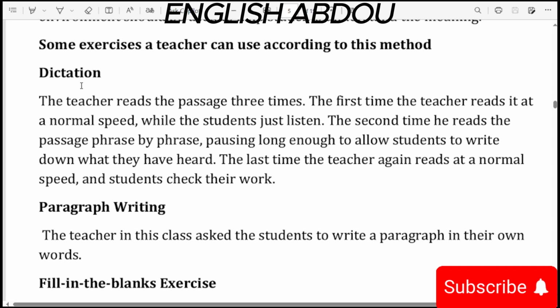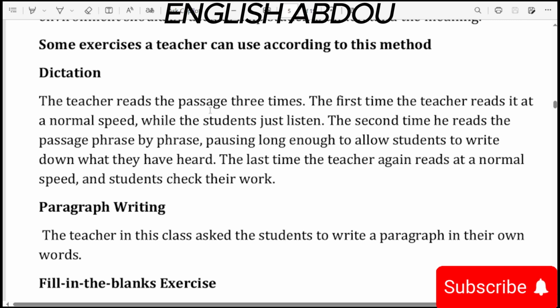Dictation: a teacher reads a passage 3 times. The first time the teacher reads it at a normal speed while students listen, and the second time the teacher reads and asks his students to write word by word, and the third time he reads it again in order to give students the time to check their work.